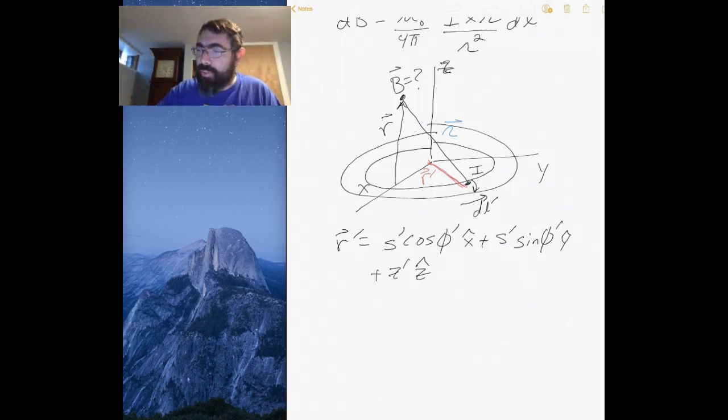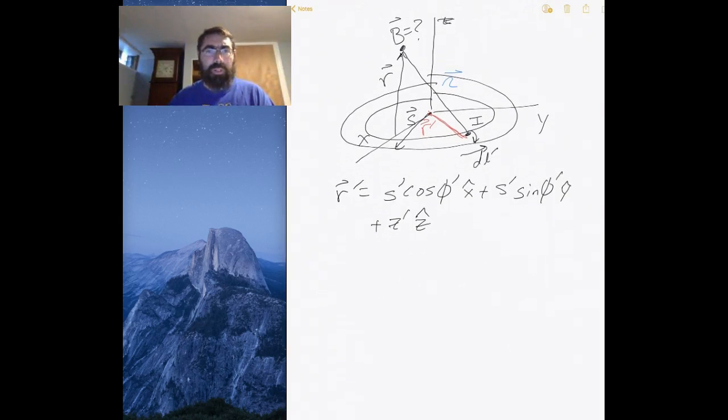Well, s prime is the radius of my torus. So it would be this distance. Like, we could pick one. It would be this distance right here. So these are the coordinates for the vector for the source where the current is.